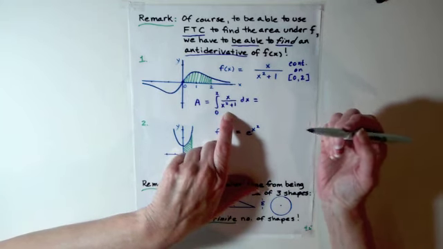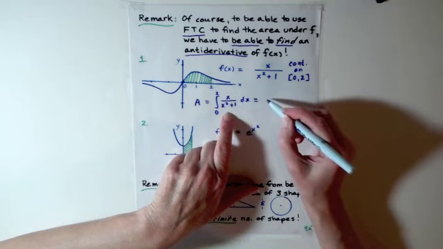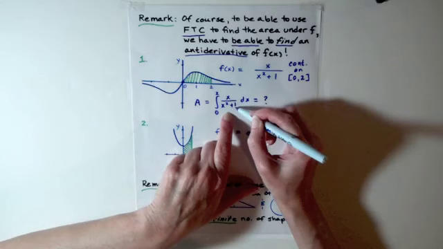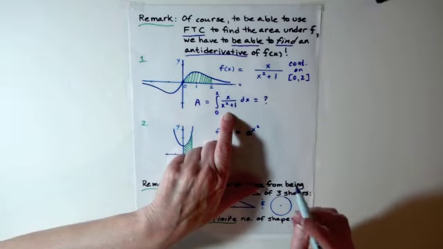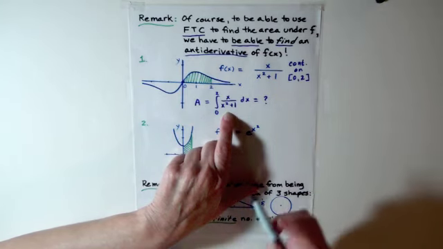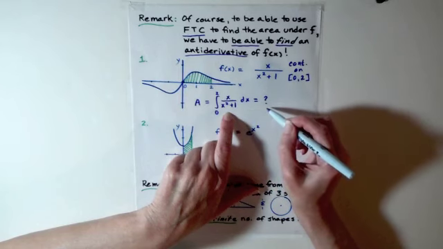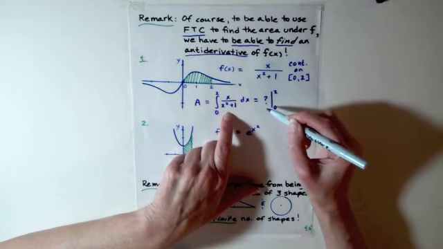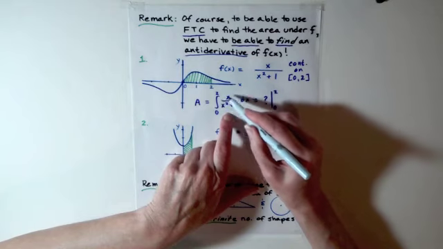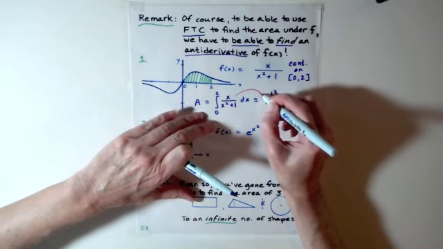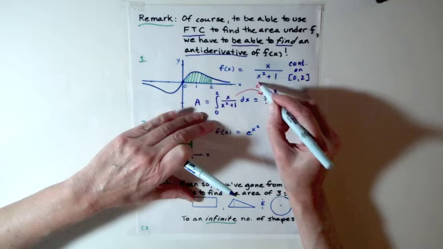And actually, if you just try to think backwards, what function do I need here whose derivative would be x over x squared plus 1, you can think about it for a while and you probably won't get the answer. So there's a problem here in the step where we're trying to find the antiderivative and then evaluate it from 0 to 2. Unfortunately, this is a function that you don't yet know how to find the antiderivative of.